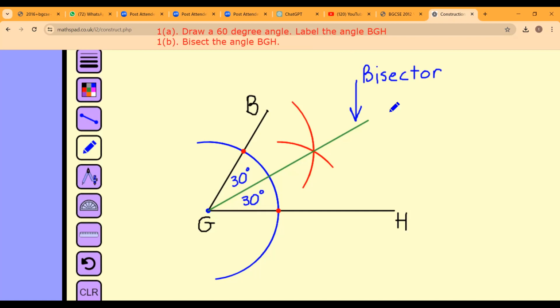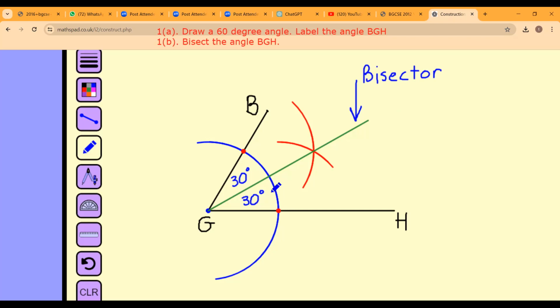And when we did that, from G we draw a line going to the X, which measures 30 degrees. But how did we get the X? What did we do? We draw an arc.